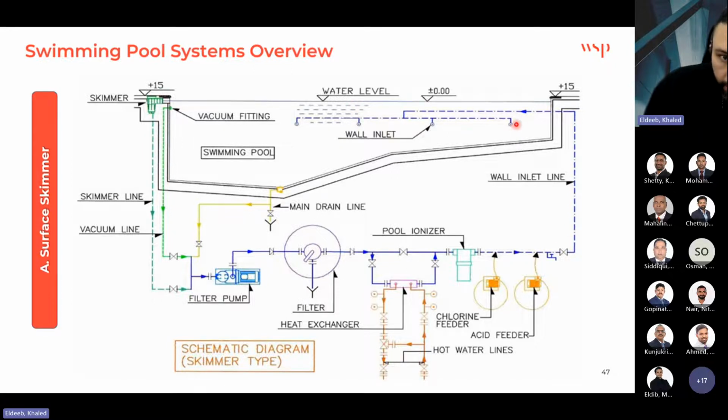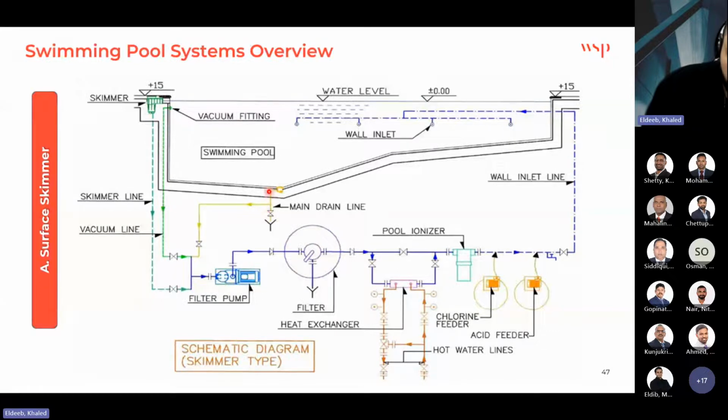Okay, here in this example we have wall inlets, we don't have bottom inlets. And this is important. You see, we don't have bottom inlets here, which means the drain coming from the bottom, we call it main drain, could be reused again for circulation. But if we have inlets down here, we should not connect the main drain to the pump.